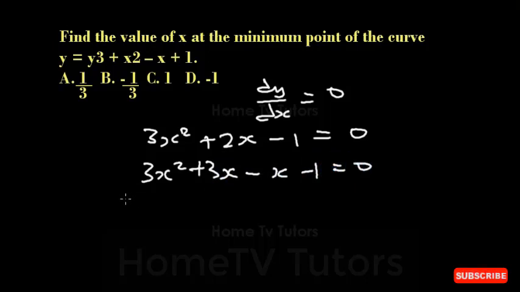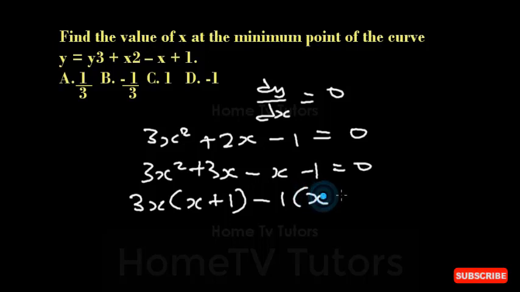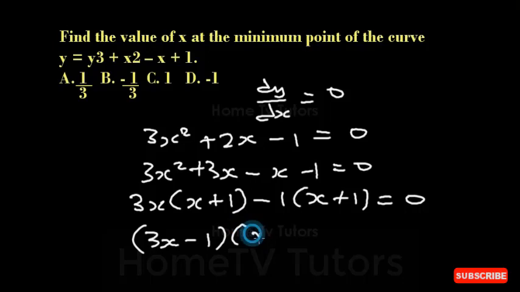So we have further 3x(x + 1) minus 1(x + 1) equals 0. Then the common term is (3x - 1)(x + 1) equals 0.